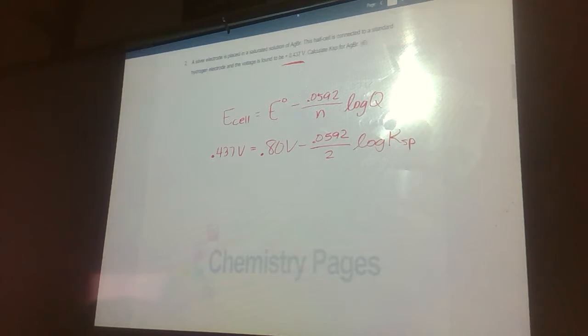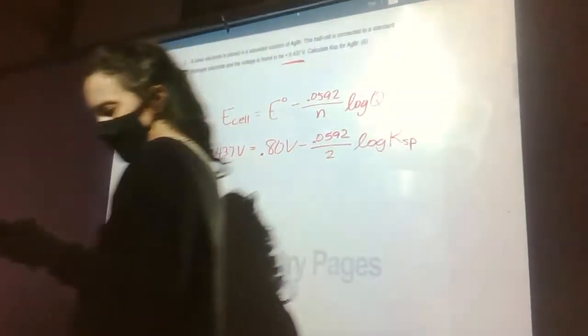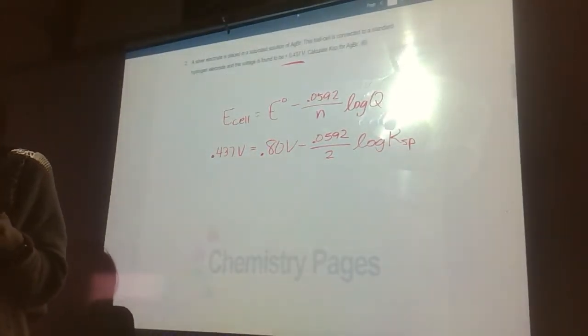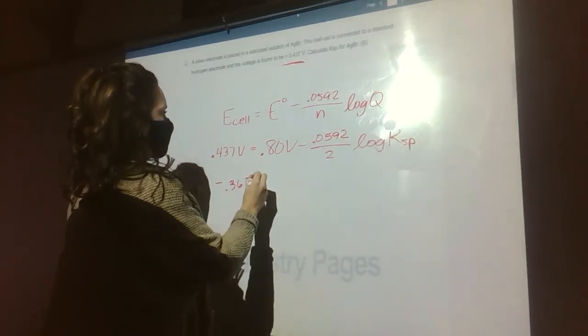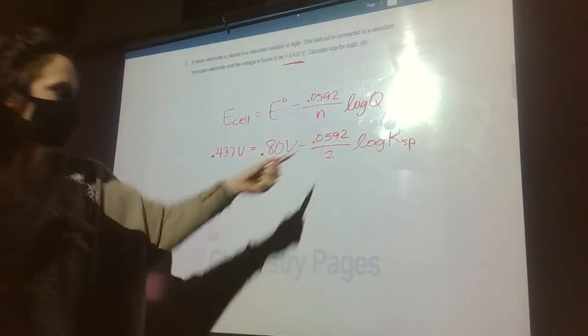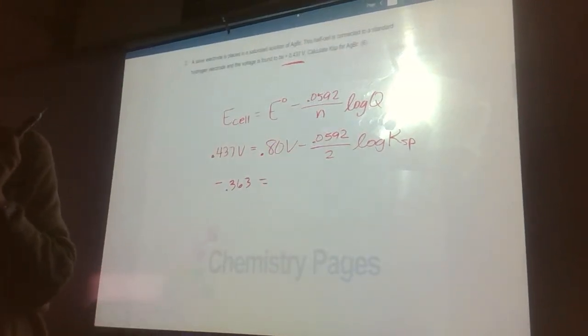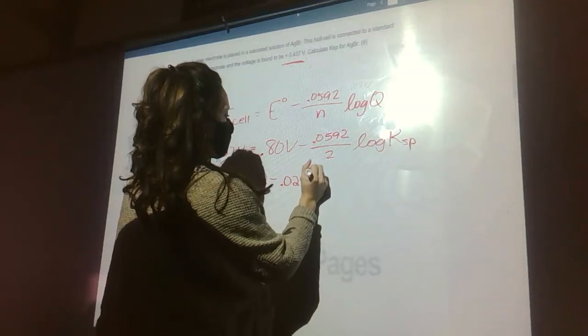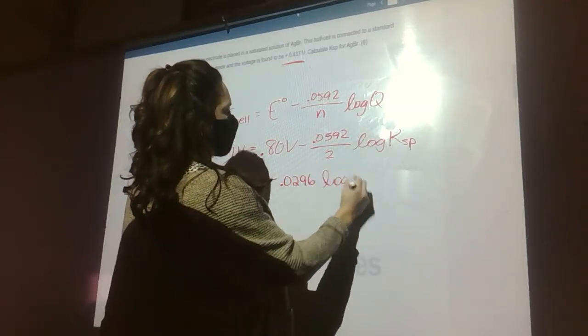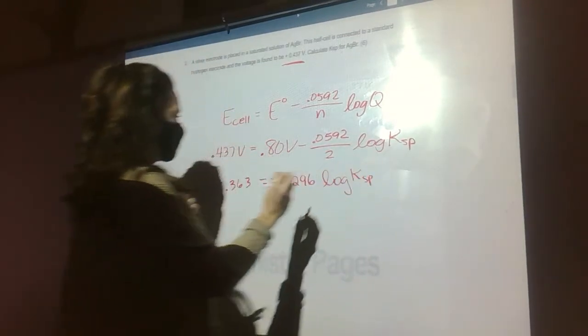We're going to take 0.437 minus 0.8, which will give us negative 0.363 equals negative 0.0592 divided by 2, negative 0.0296 log of KSP.